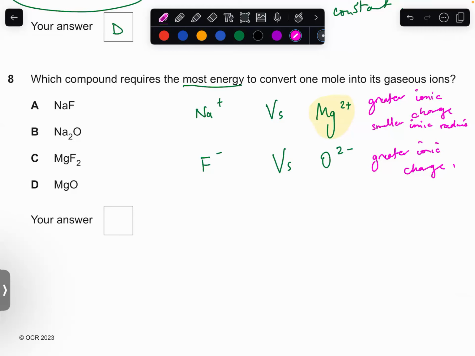All in all, these create a greater charge density. These two factors of size and charge. Both of these have a greater charge density. And so this will require the most energy to convert them into gaseous ions. There'll be the greatest attraction between them.